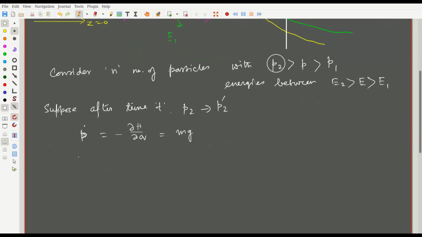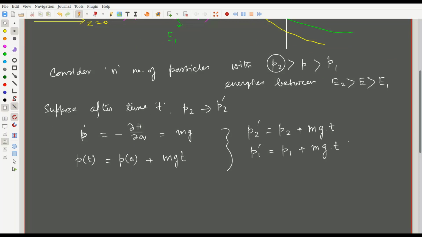If you solve this equation, p at time t will be p at time t equals 0 plus mgt. This is a first order equation, and the solution is quite simple. That means p2 prime will be just p2 plus mgt, and similarly p1 prime will be p1 plus mg times t.